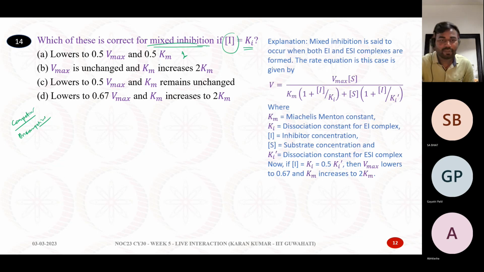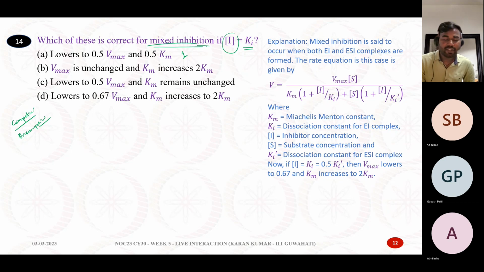The equation for mixed inhibition is this one: V is equal to Vmax into S divided by... In mixed inhibition, the substrate is also an inhibitor.